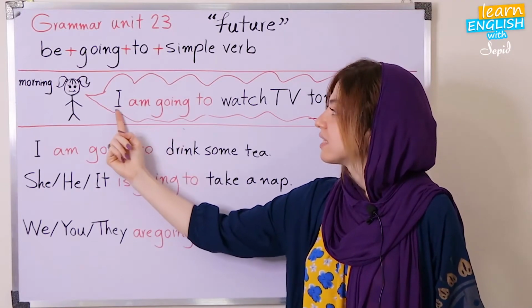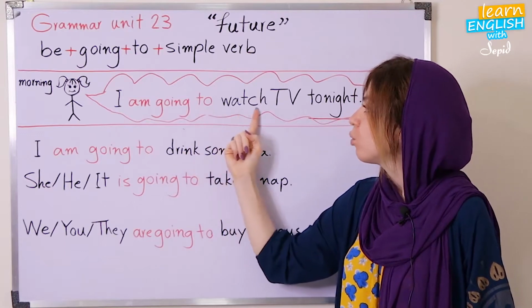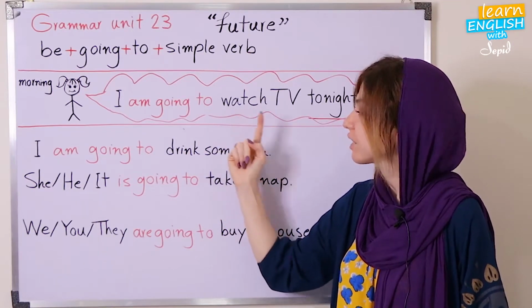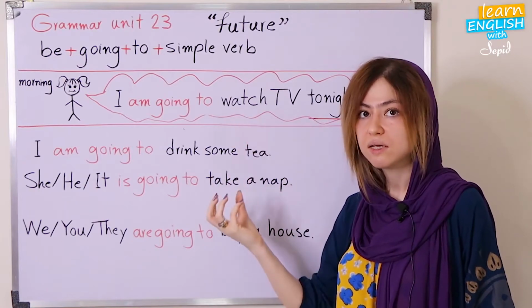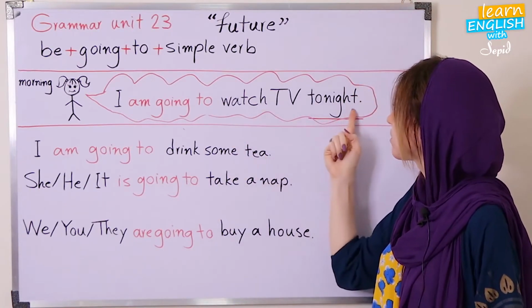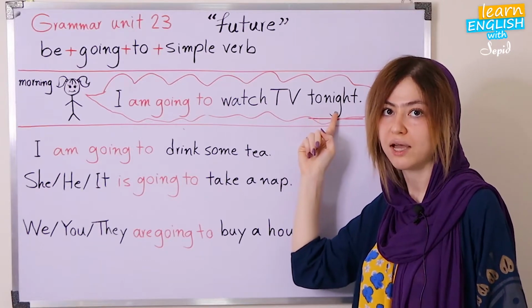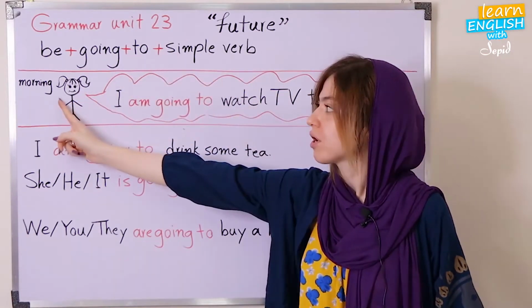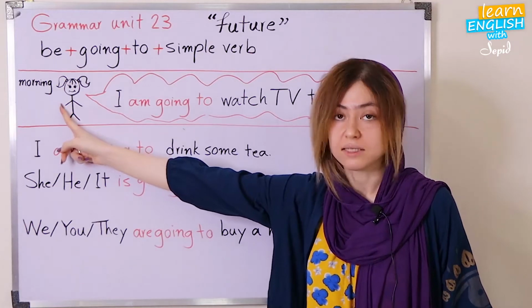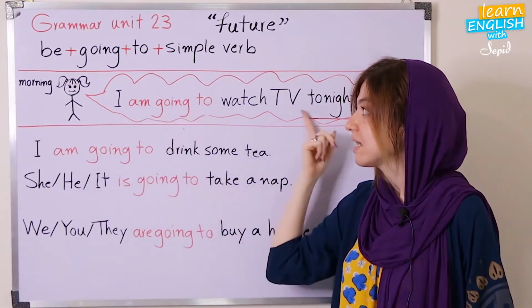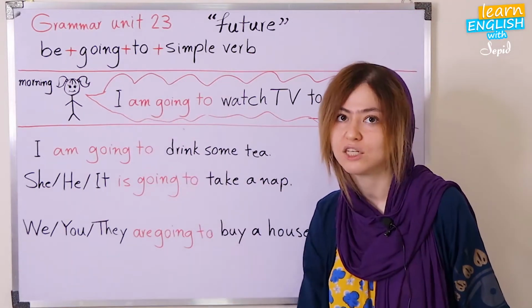So Alice says, I am going to watch TV. Watch here is written in simple form and it refers to the future because we are talking about tonight. Is Alice sure about that? Yes, she is sure and she knows that this is her intention.